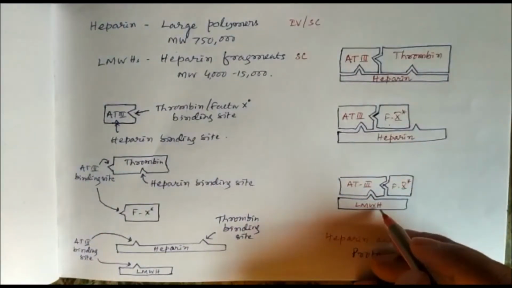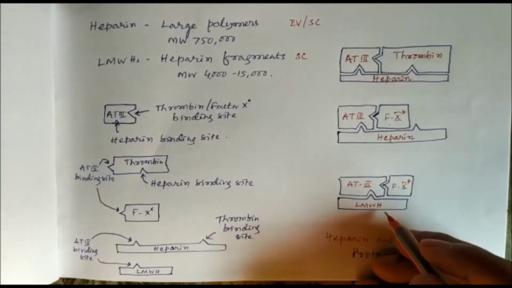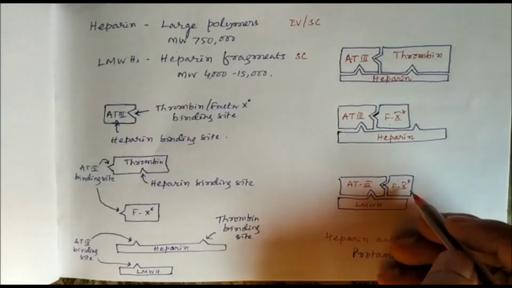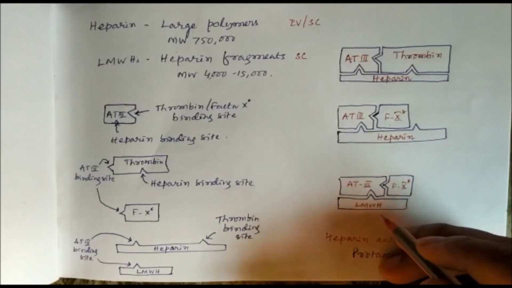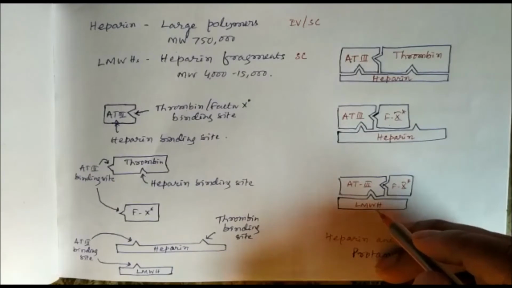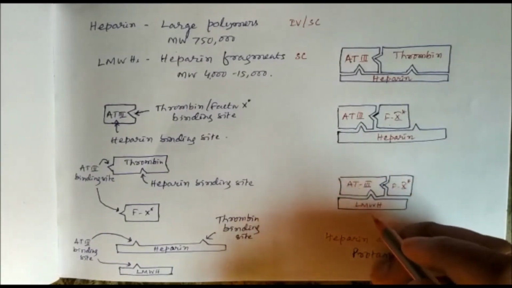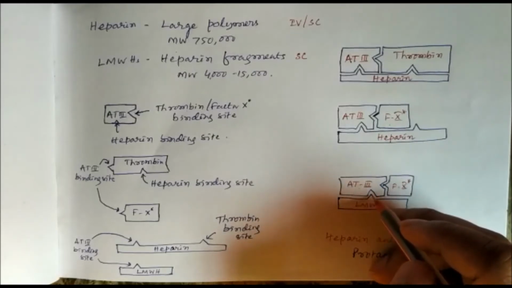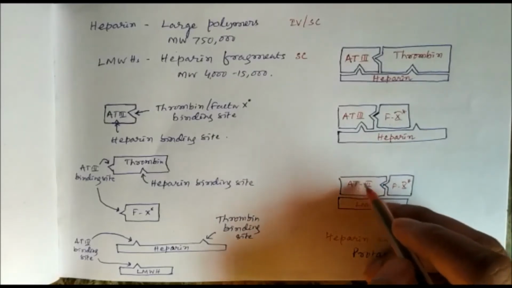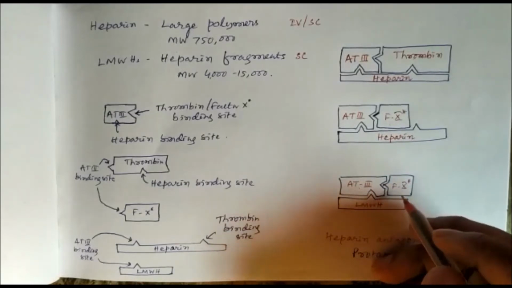Low molecular weight heparins actually inhibit factor 10 because they have a site only for AT3. AT3 inhibits factor 10, and low molecular weight heparin binds to AT3 and increases the action of AT3 on factor 10.